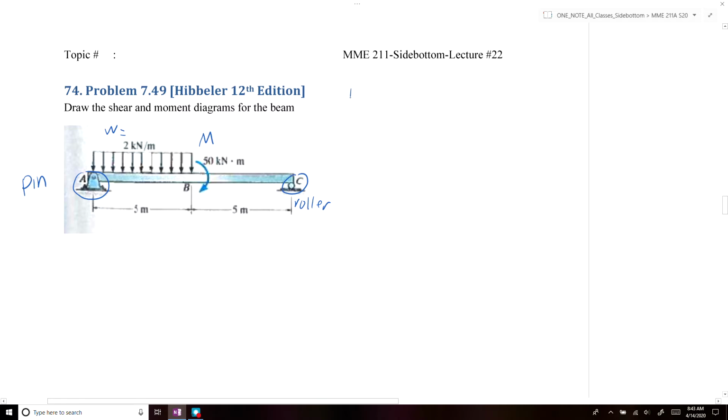So we're going to draw, first step, we'll draw a free body diagram of ABC.